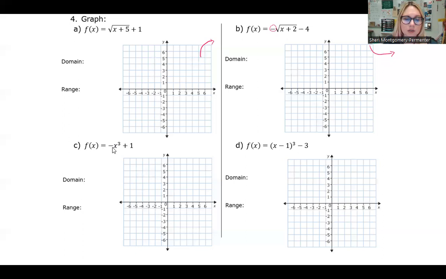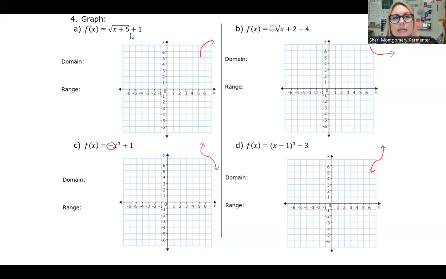This one is also a negative, so instead of facing up, this one is gonna go down first. Like that. And this one is positive, so this one's gonna have this shape. It's kind of helpful to give yourself an idea of what the shape's gonna look like before you throw it on there. And we should have an idea of the basic shape of them.